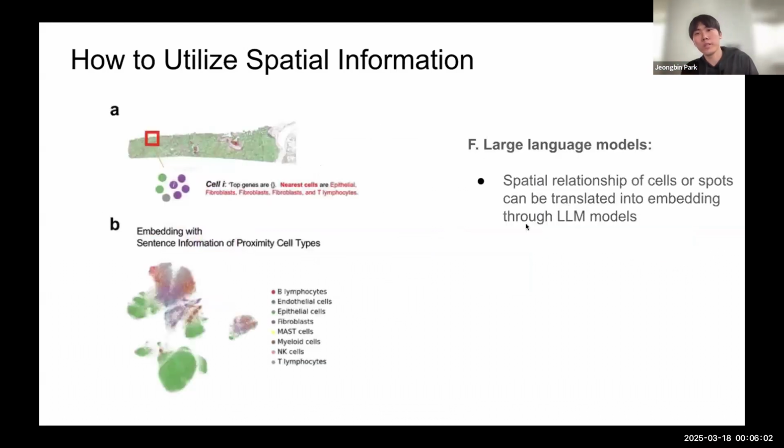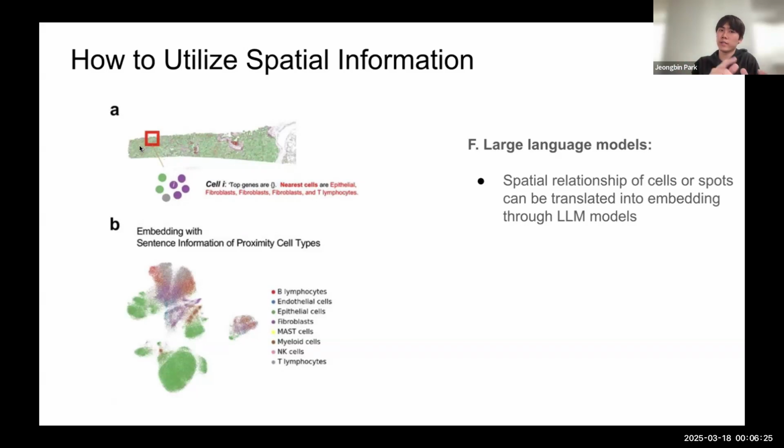And also we can think of the large language models. Actually, this is one of my papers. For example, we can think of large language models that take the spatial context of each cell as input. A specific cell has neighbor cells like epithelial or multiple fibroblast cells and T lymphocytes.